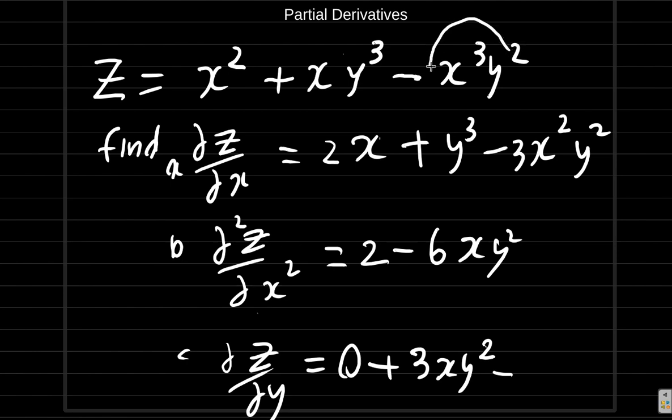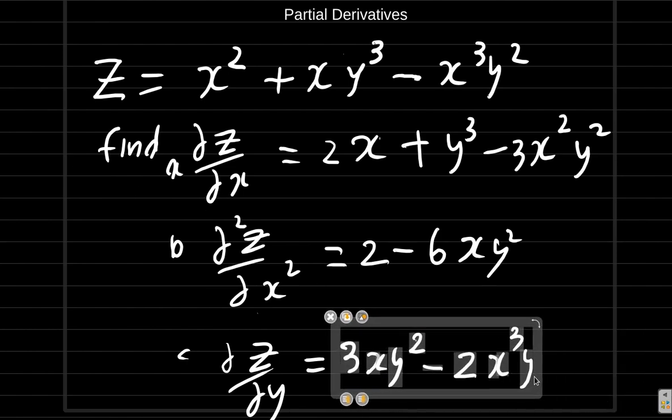Bring down the 2, there is 2x cubed y to the 2 minus 1, which is just y. This part can go, the x plus the 0 plus, alright? So all of this is what you have.